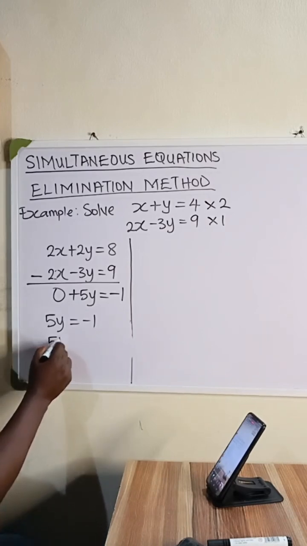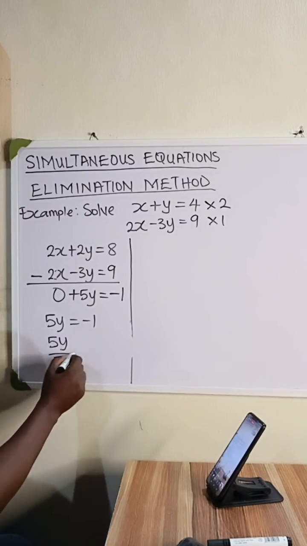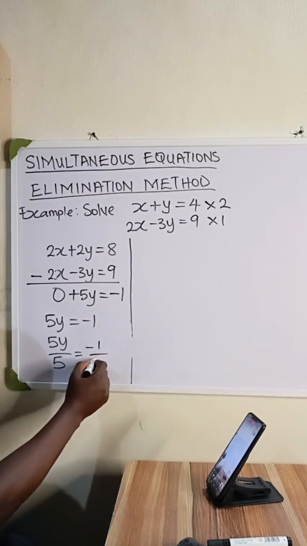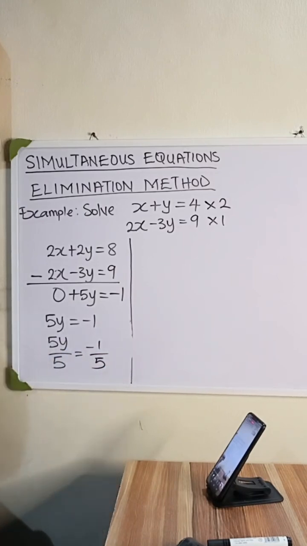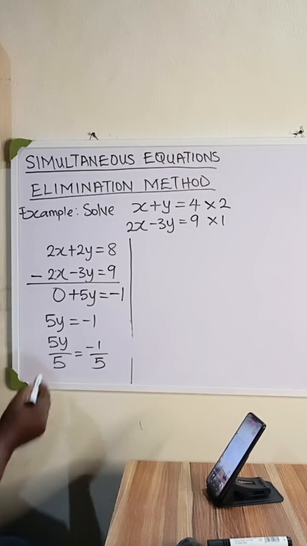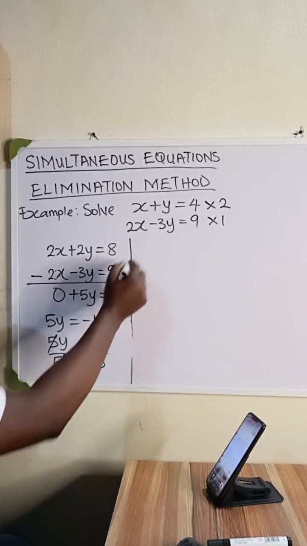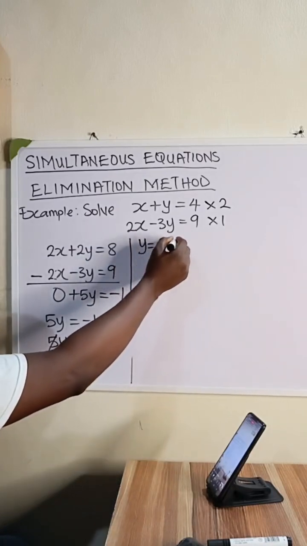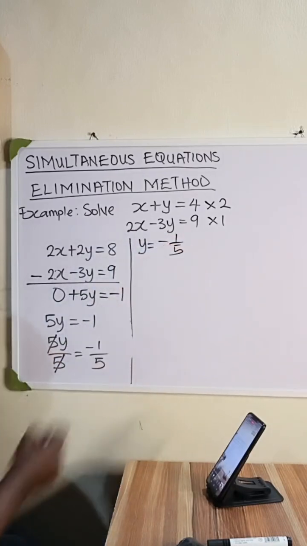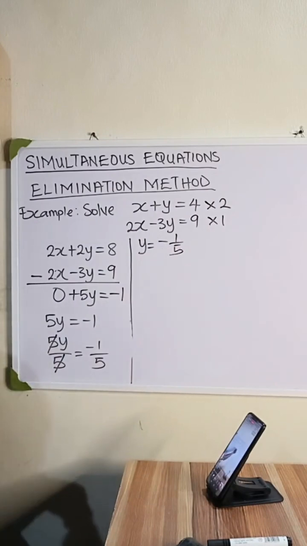So 5y all over 5 is equal to minus 1 all over 5. The 5 will cancel out 5, so we have y is equal to minus 1 over 5. So we've gotten the value of y.